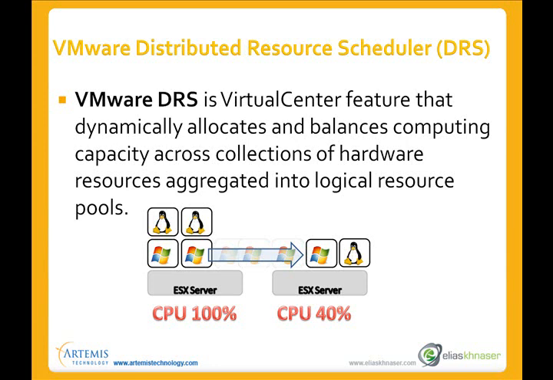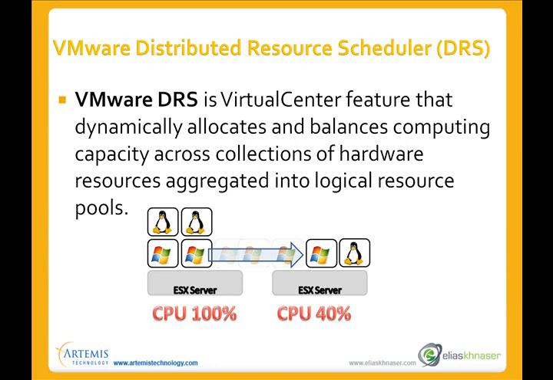So it will take that VM and migrate it, vMotion it, to an ESX host that isn't so strained on resources, that has more resources available to it, thereby doing a dynamic load balancing of resources across the hosts. Now this is awesome because it allows you to add more ESX hosts on the back end, add more horsepower, and then allow distributed resource schedule to dynamically distribute those VMs on the least busy server. And all of this without affecting the user, without bringing that VM down. All this is done online.